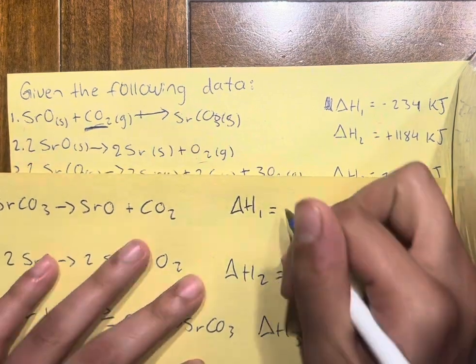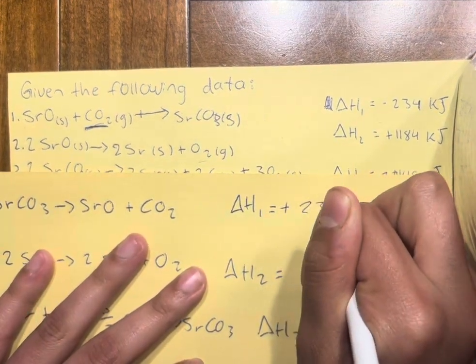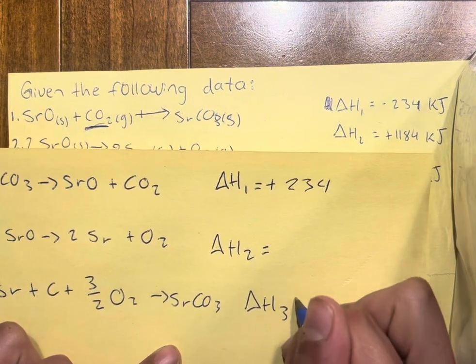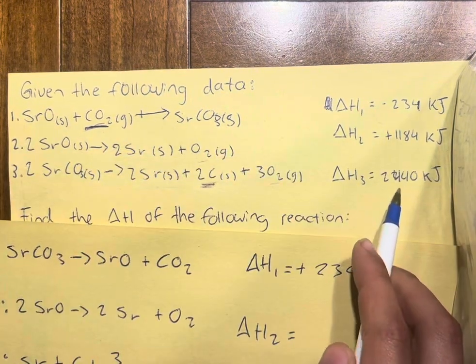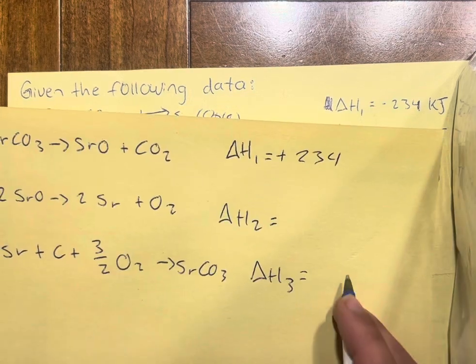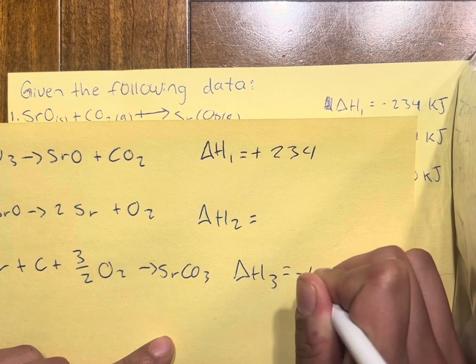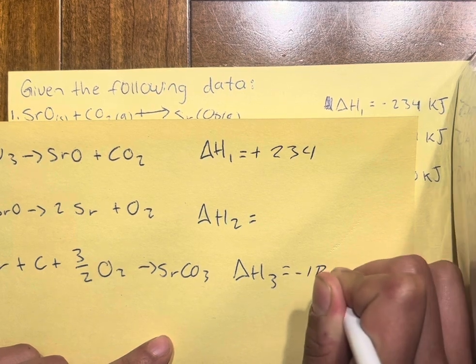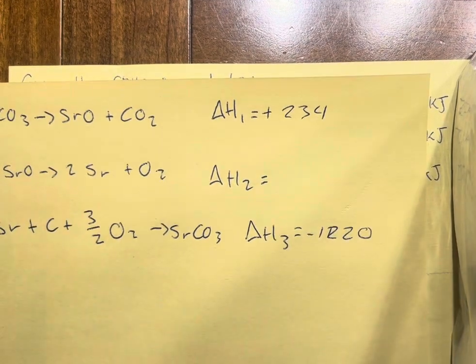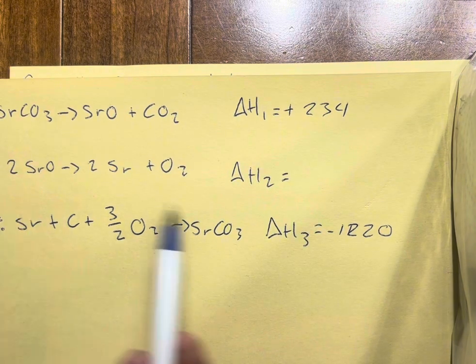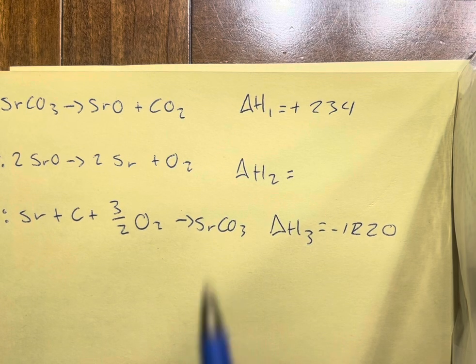So we're going to get plus 234, and then for this one, we're going to have to divide this by 2 and also change the sign. So we're going to end up with negative 1,220.